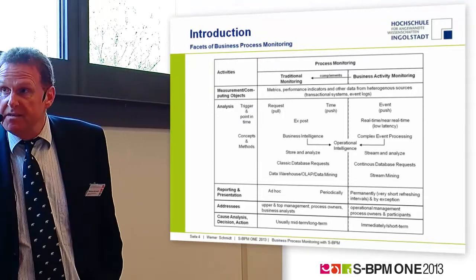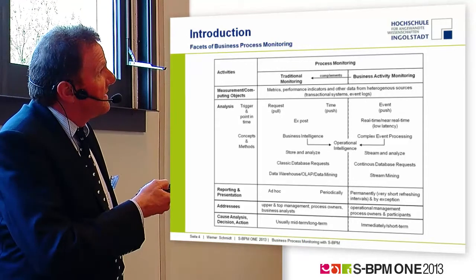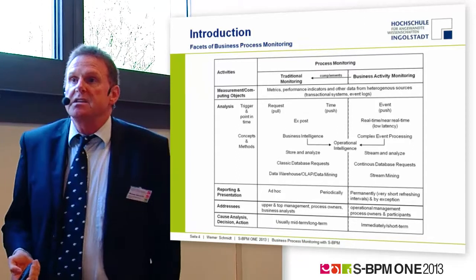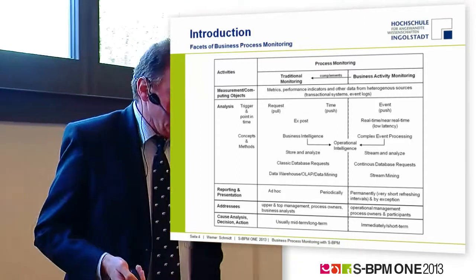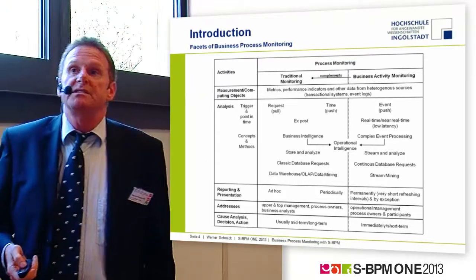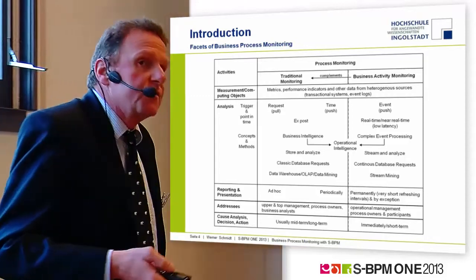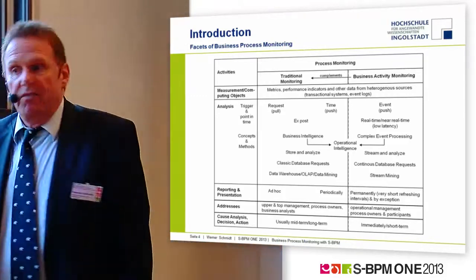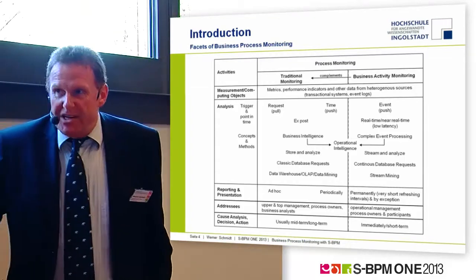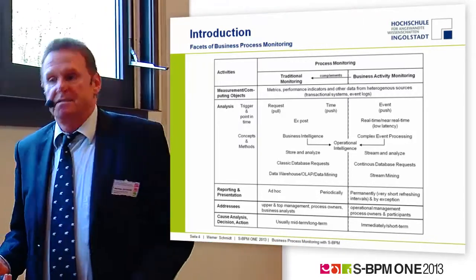The concepts and methods behind the two columns are, on the one hand, business intelligence, and on the other hand, complex event processing. You might be familiar with the abbreviation CEP, complex event processing. What are complex events? Complex events are aggregated out of so-called single events, raw data, which, if they occur, don't have a special meaning. They get a special meaning if you combine, for example, two events.